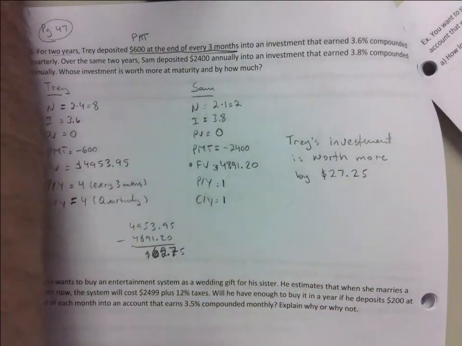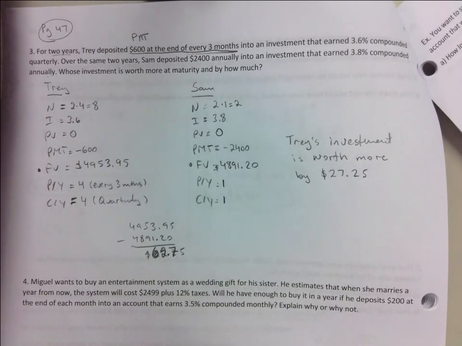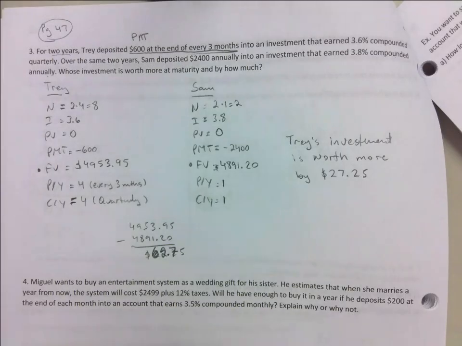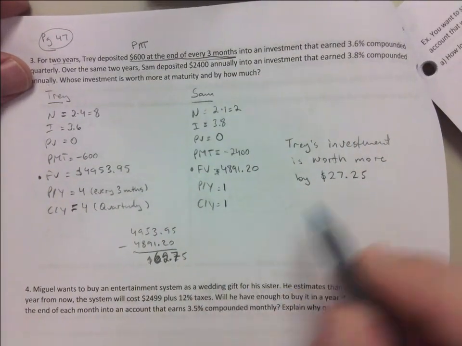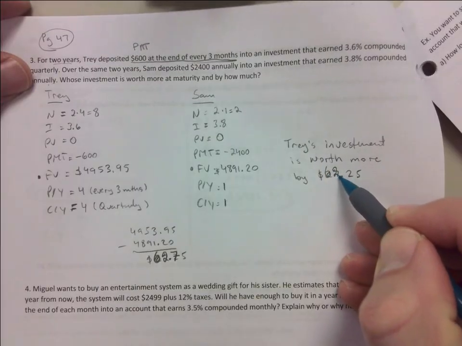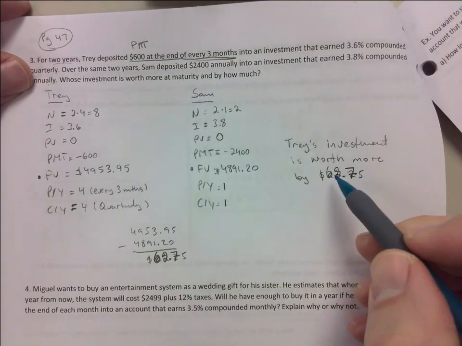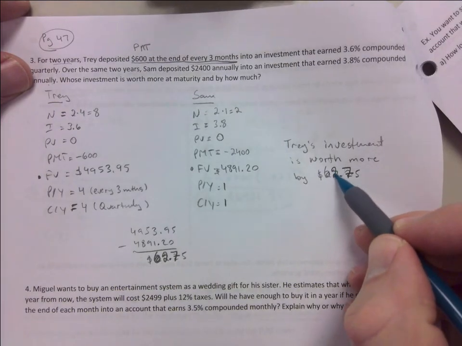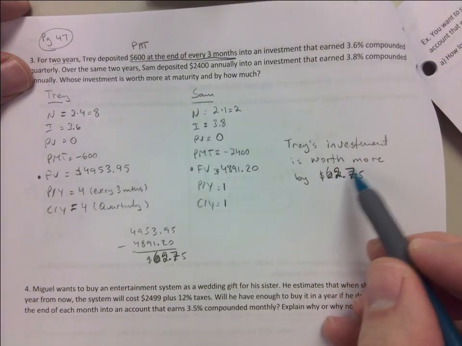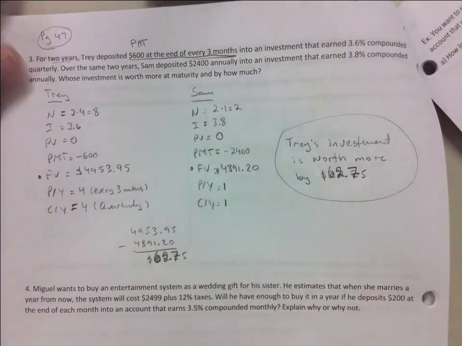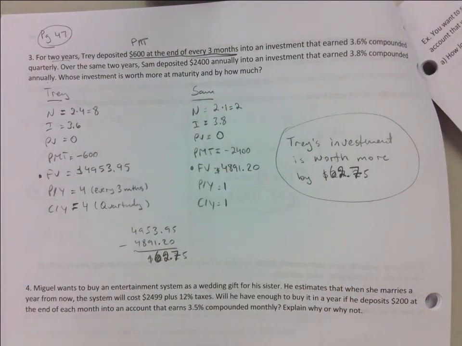Please change that. I'll change that on my key here as well. $62.75. So it's $62.75 more. Okay? More by. So this is good. You've shown the work. You're good to go. All right?